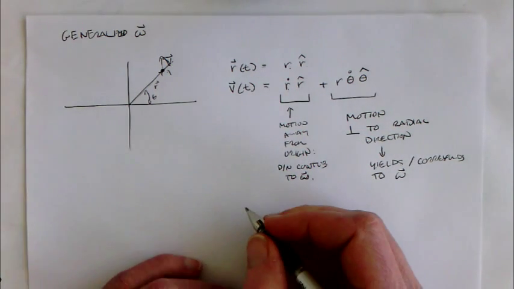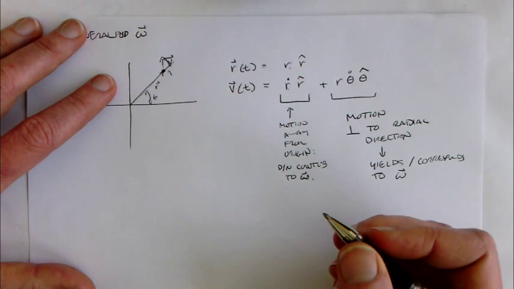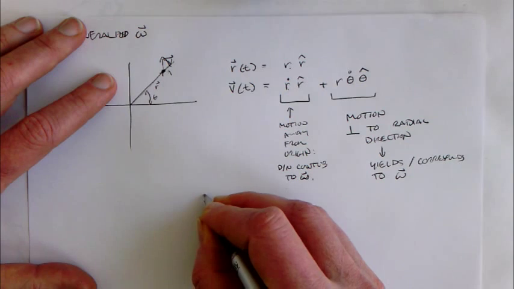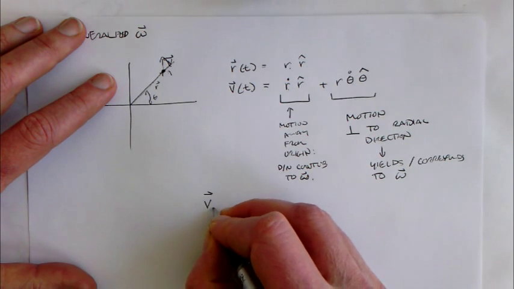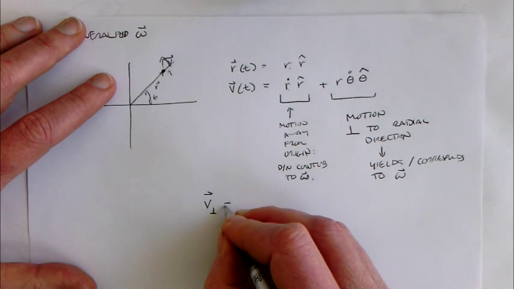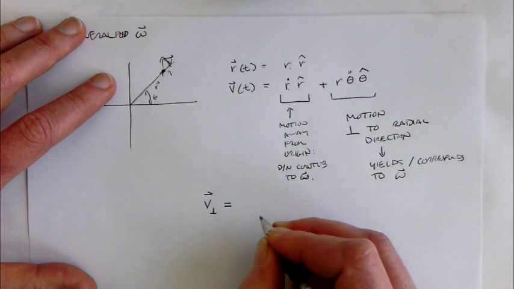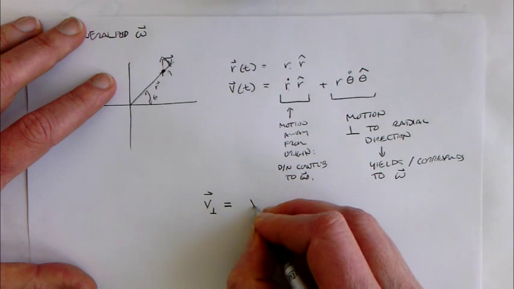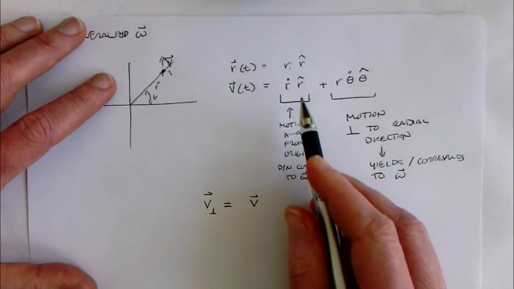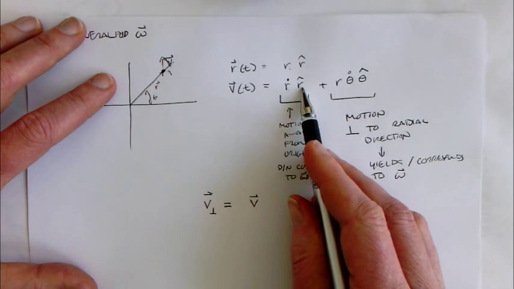If we want to pull out the part of a vector that's perpendicular to something, we have a couple of options. We can use either the dot product or the cross product. I'm going to use the cross product. If I wanted to find v perpendicular, the part of the motion perpendicular to the radial direction, I would start with my total velocity and then get rid of all the stuff that's parallel.